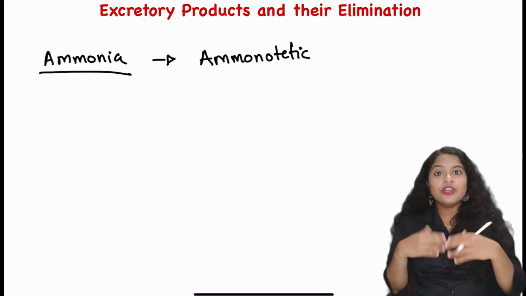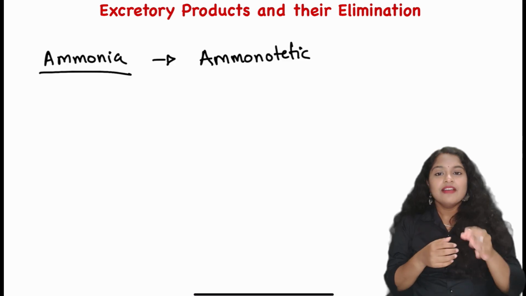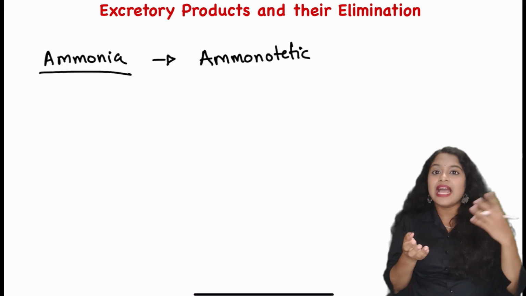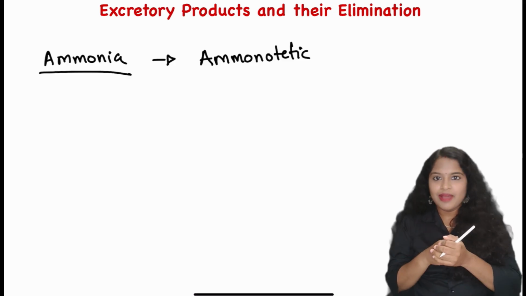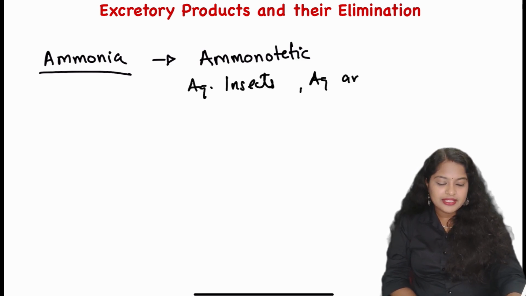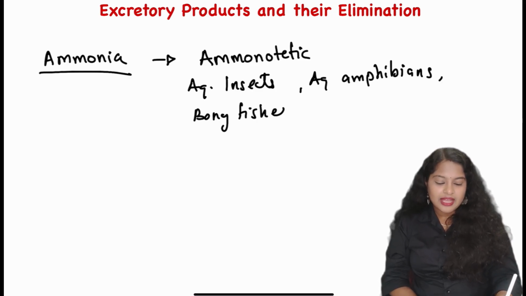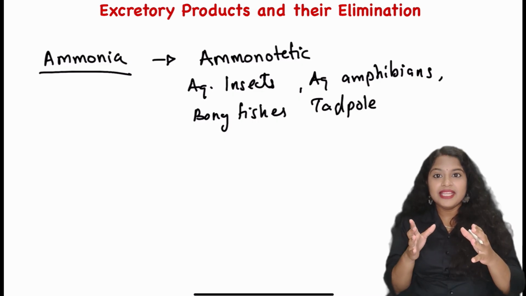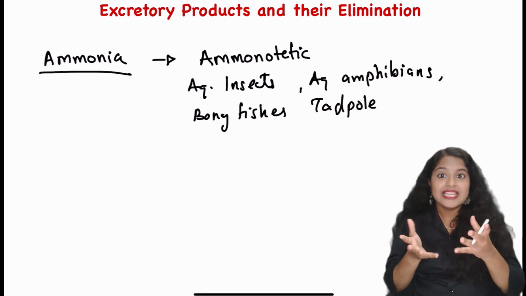They remove it through their body surface as well as through gills as ammonium ions. Examples are aquatic insects, aquatic amphibians, bony fishes, and tadpoles. These tadpoles are nothing but the larvae of the frog, that is an amphibian.